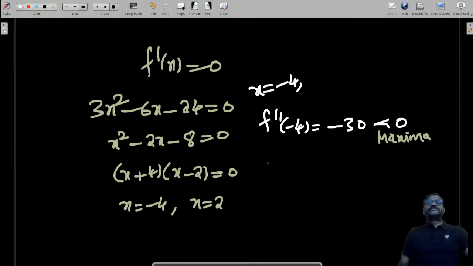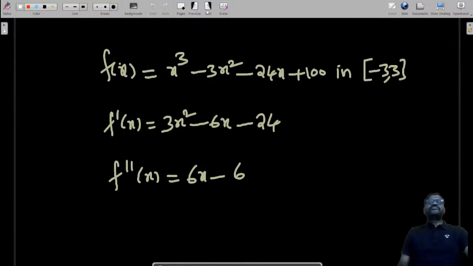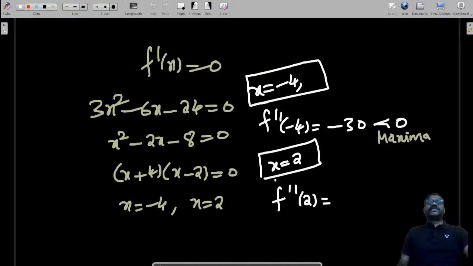At x equal to 2, f double dash of 2 is 12 minus 6, 6, positive, minima.